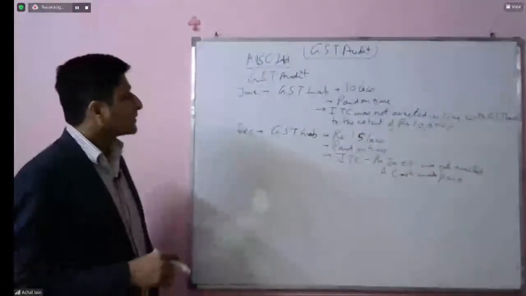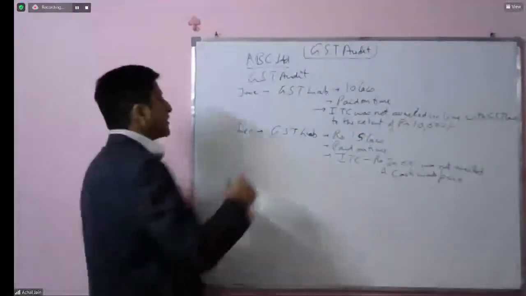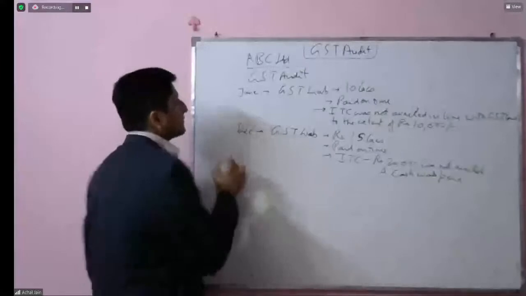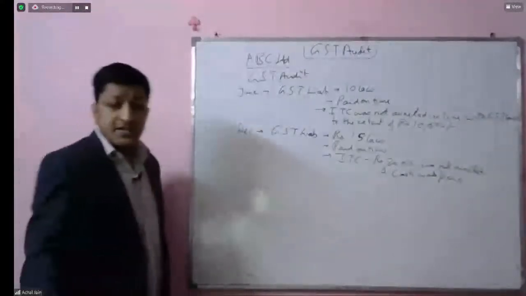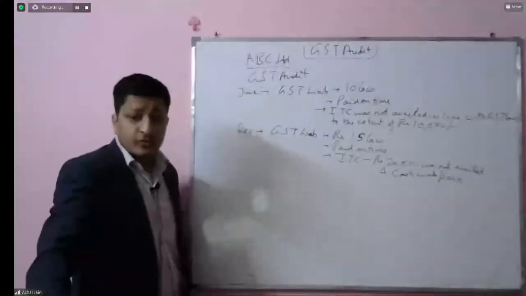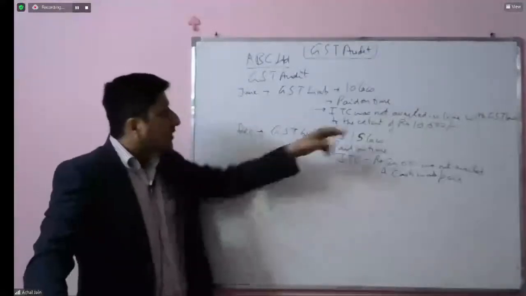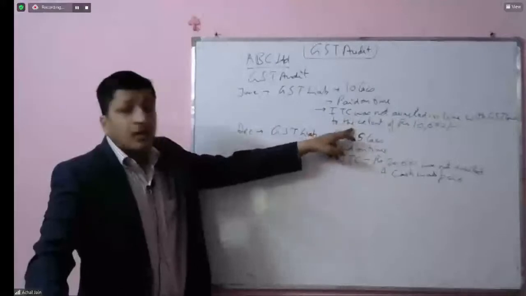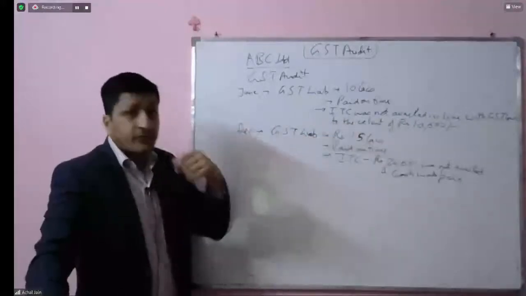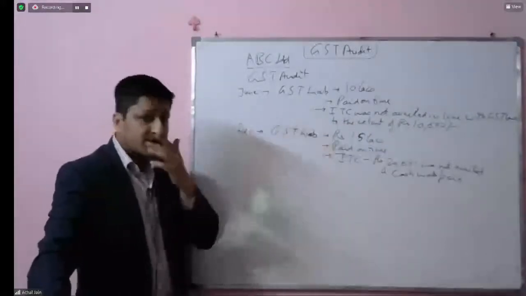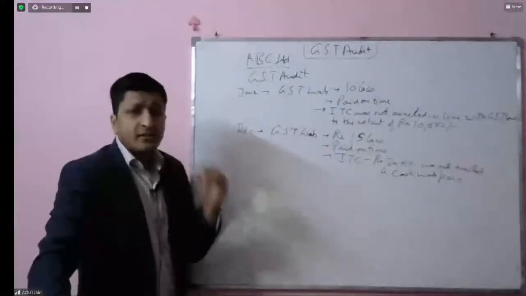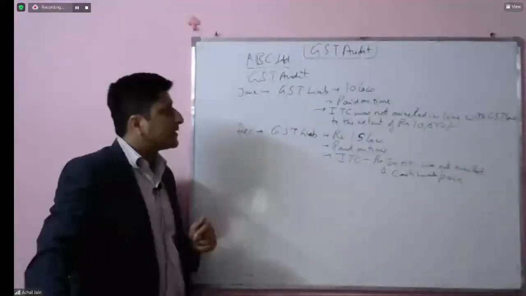Okay. Now the GST auditor has audited this aspect, and GST auditor is of the view that there's been a non-compliance in respect of availment of the input tax credit to the extent of 10,000, which should not have been done by the management.